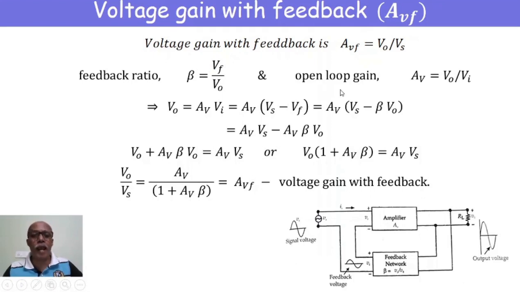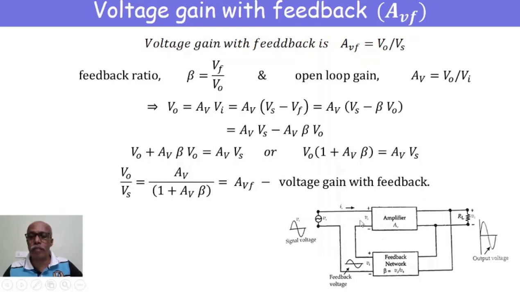And open loop gain, in the sense, again voltage gain only. Open loop gain is nothing but voltage gain without feedback, voltage gain in the absence of feedback, and that is simply represented by AV, that is V naught by Vi. V naught is the output voltage, Vi is the input voltage.